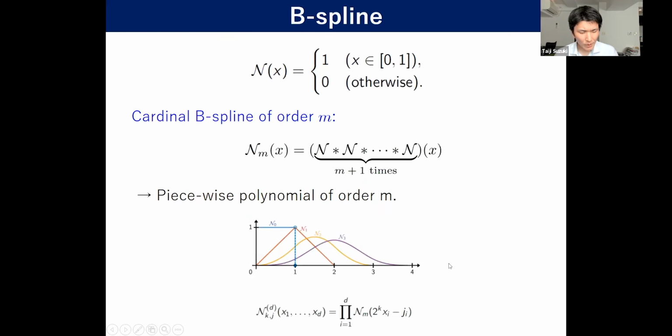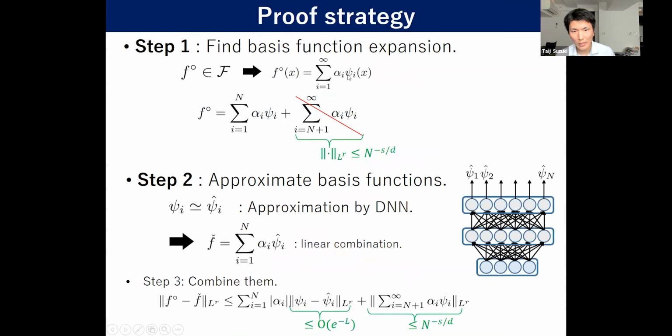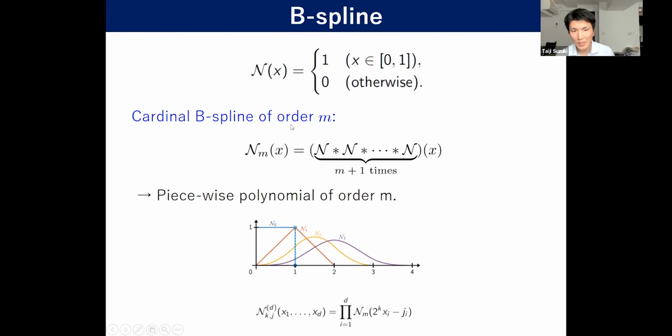As for the Besov space, we can employ the so-called cardinal B-spline as the basis function psi_i. This is a little bit detailed, so I won't spend so much time here, but anyway, it is formally defined like this.